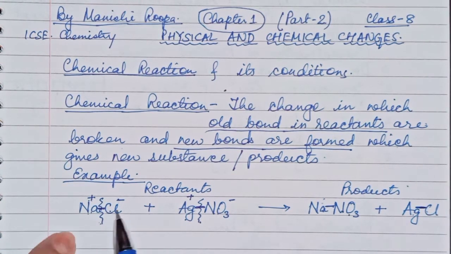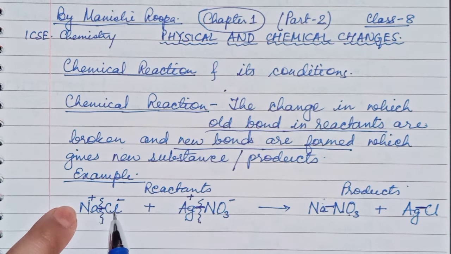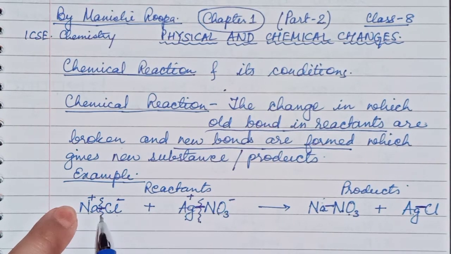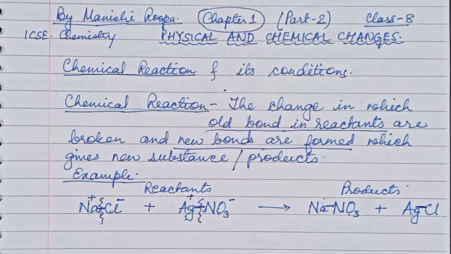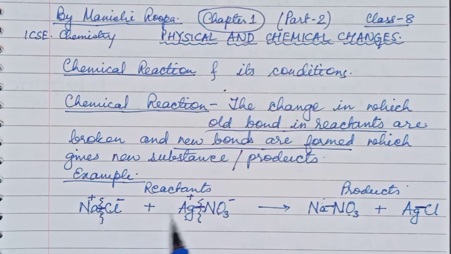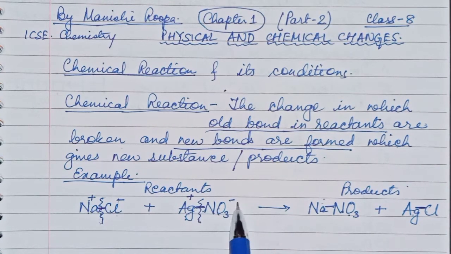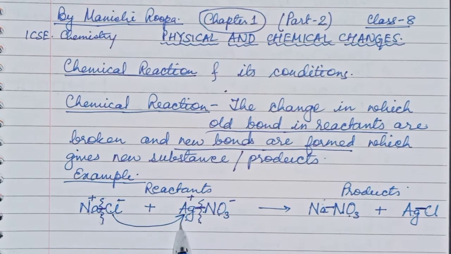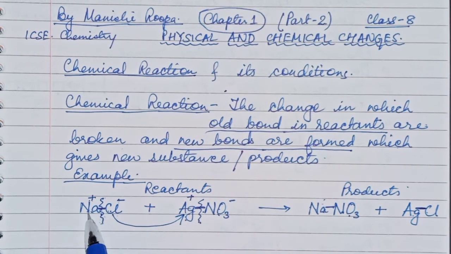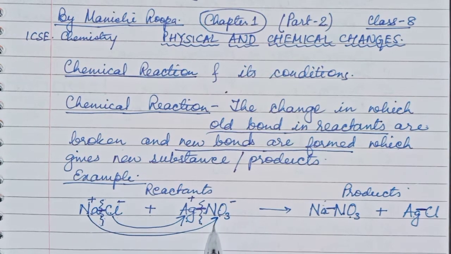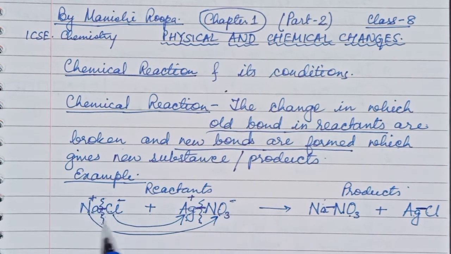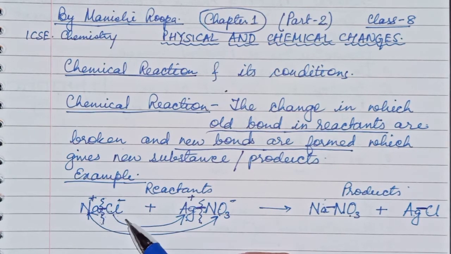One more time, we are taking sodium chloride and silver nitrate. There is a bond between them. When they are combined together, this bond will get broken down and they are in the form of ions. These ions will now react with oppositely charged ions, here also positive and negative.